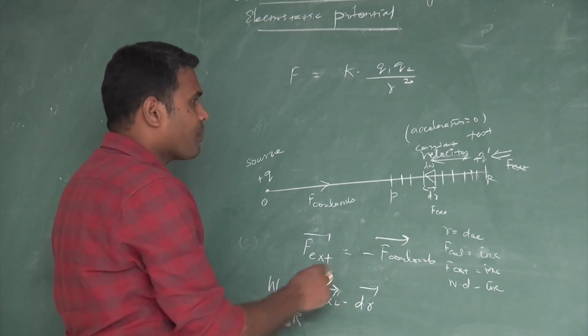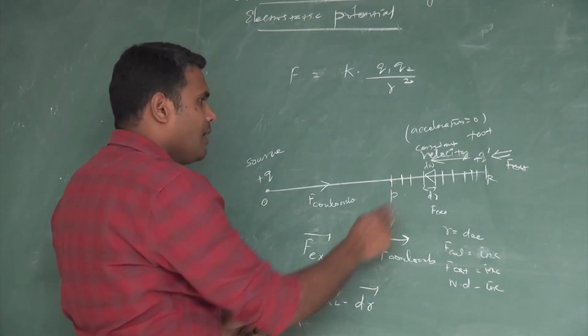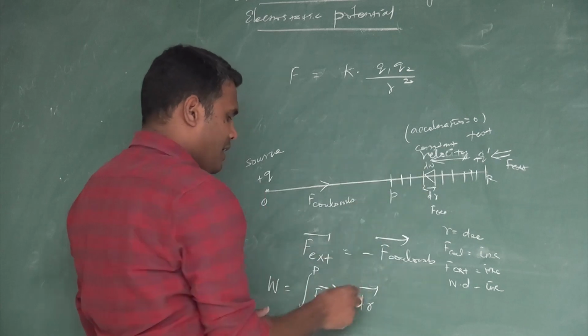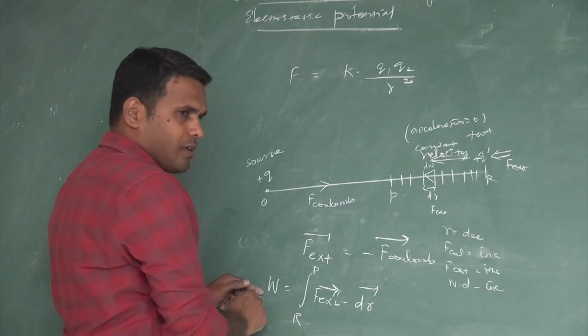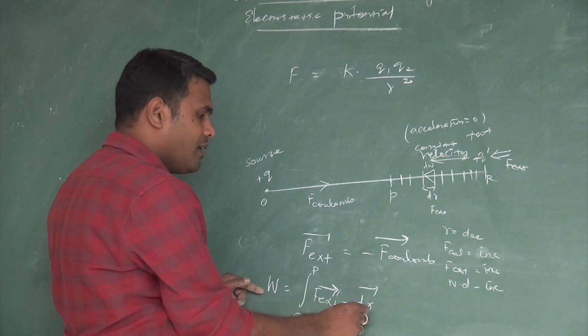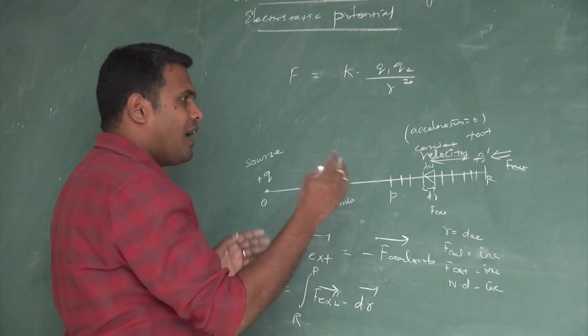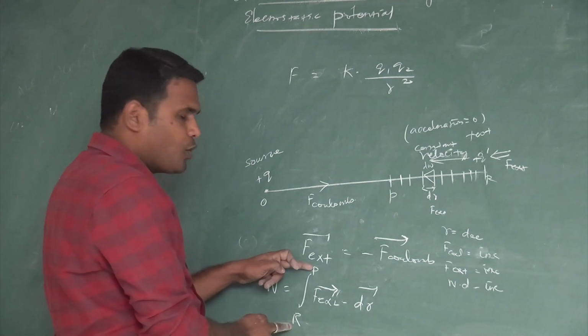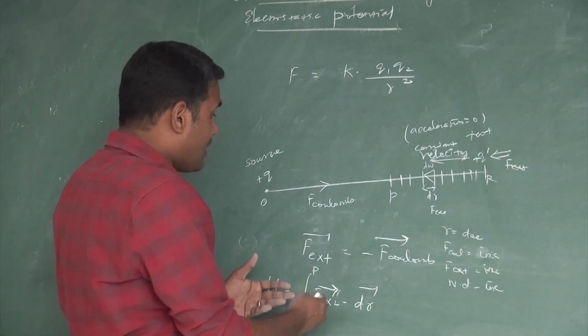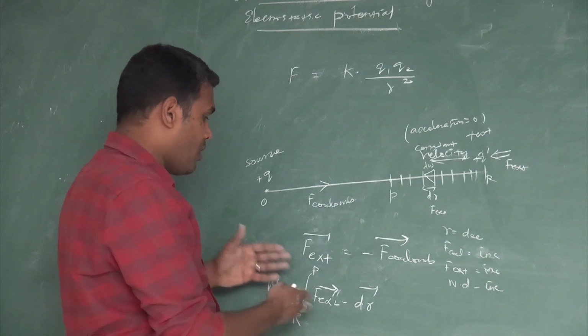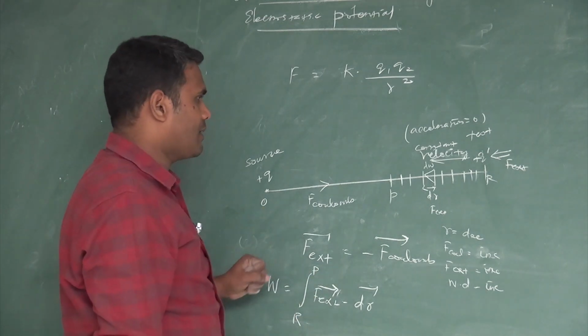So r to p, F external force acting on a small element dr vector. When you add up all the work done, you will get the total work done. F external vector dot dr vector will give you dw. If all the dw are summed up between r to p, that will give you the total work done. See how clearly an integration is involved in this particular case.